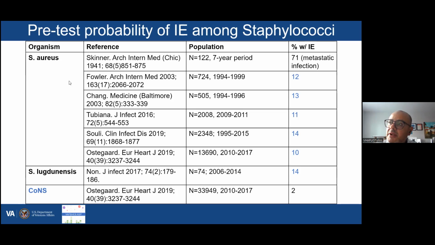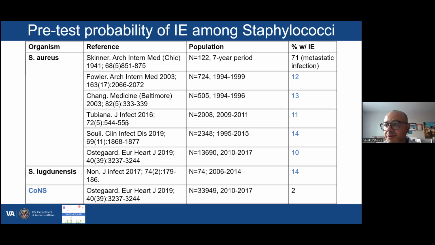So when you look at Staph aureus, before we had antibiotics or modern healthcare, most patients, 70% of them that had a Staph bacteremia had endocarditis. Now that patients are coming into the hospital a lot more quickly, the number has decreased by a lot. But if you see here, it's still a 10 to 14% number of patients.